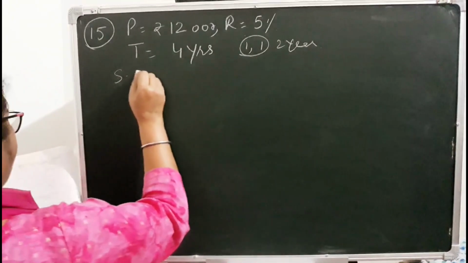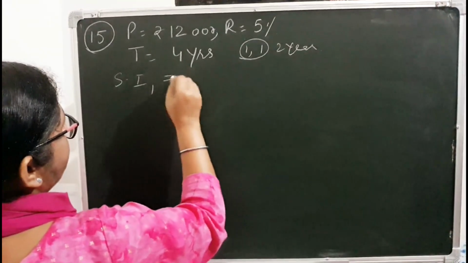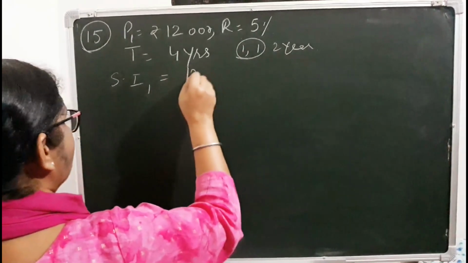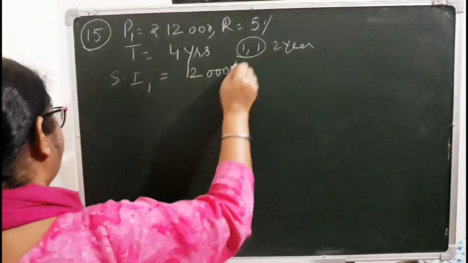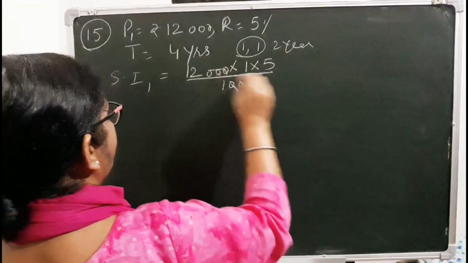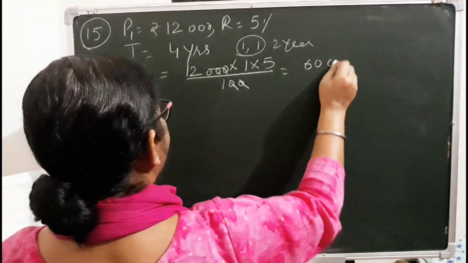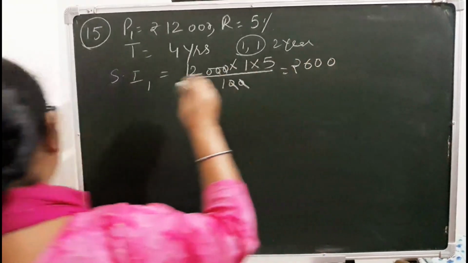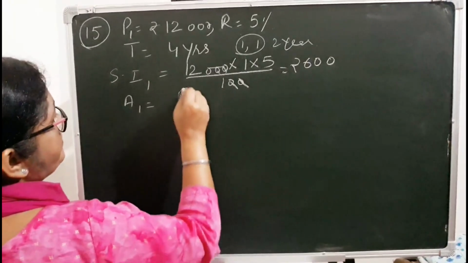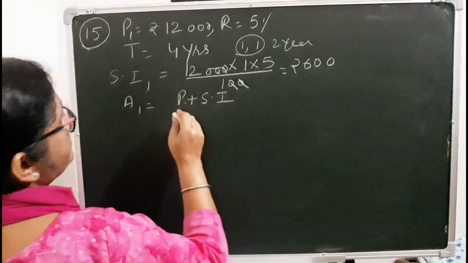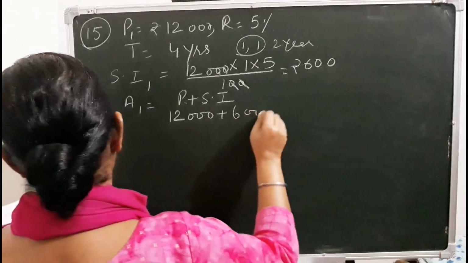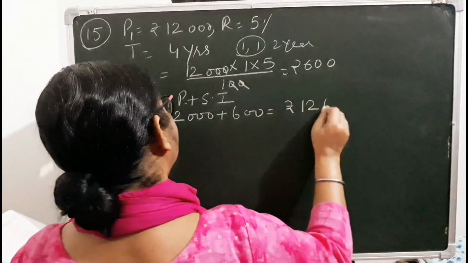Simple interest for year 1. Principal 1. P into R into T. 12,000 multiply 1 multiply 5 over 100. 12 5s are 600. And A1 is P plus SI, means 12,000 plus 600 is equal to rupees 12600.